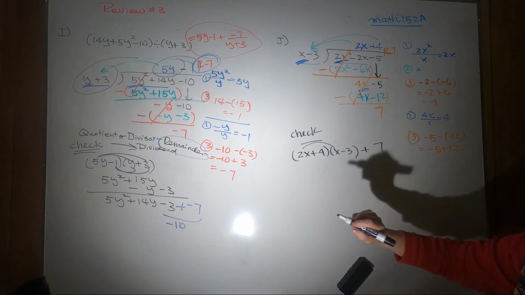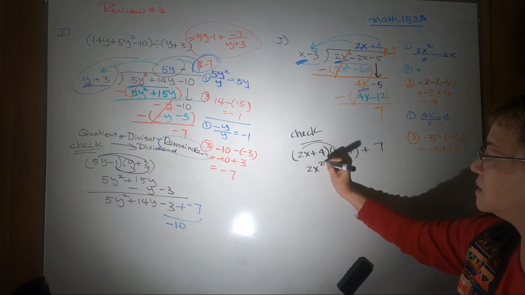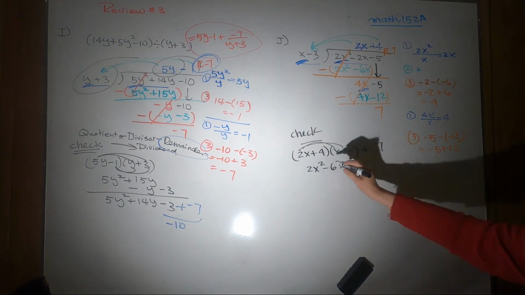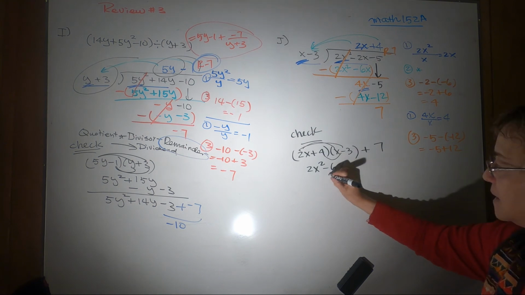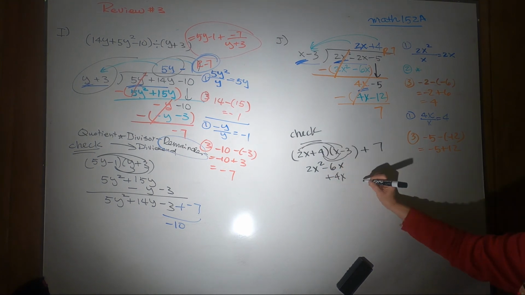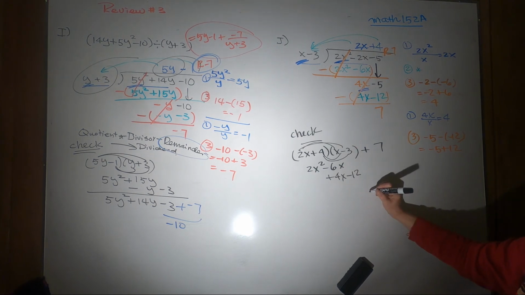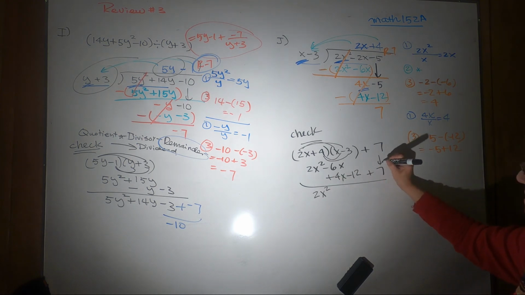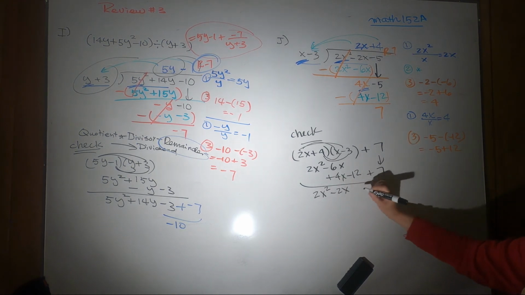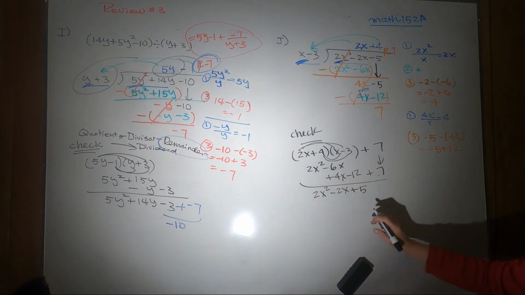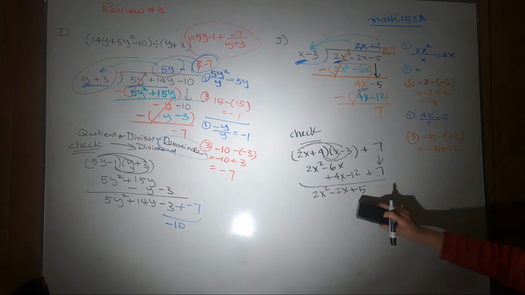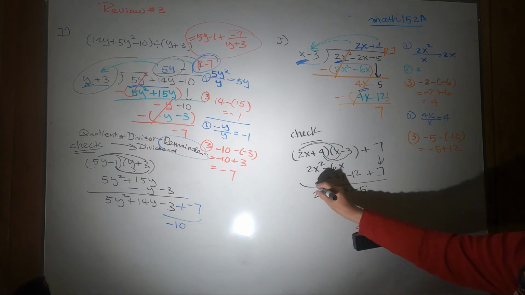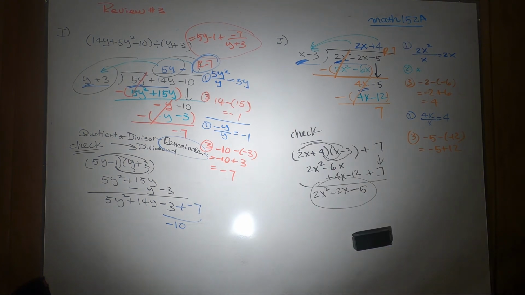Then you distribute: 2x times x, 2x squared, 2x times -3, minus 6x, right? Then 4 times x, 4x, 4 times -3, minus 12, right? So what do we have? 2x squared, then plus 7, right? So minus 2x, then plus 5. Oh, didn't get back. That means something is wrong. Double check. -12 plus 7 is -5, right?